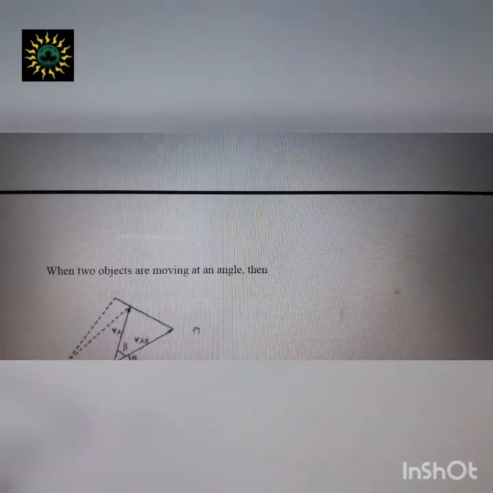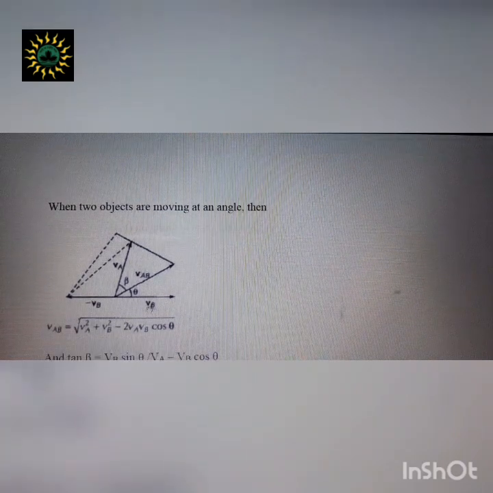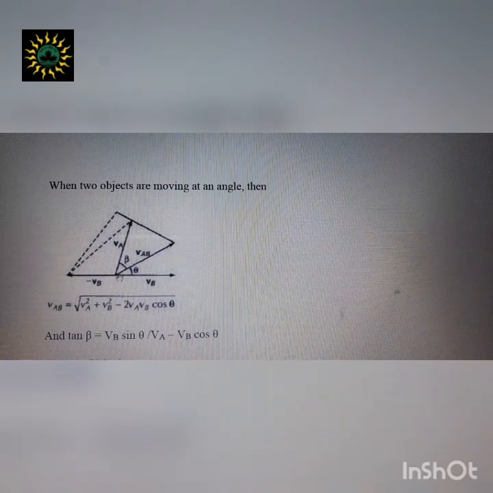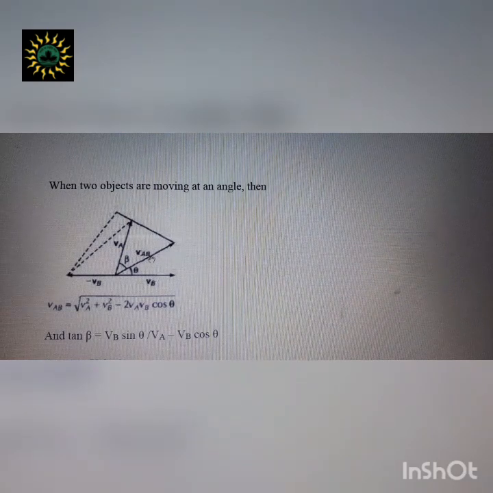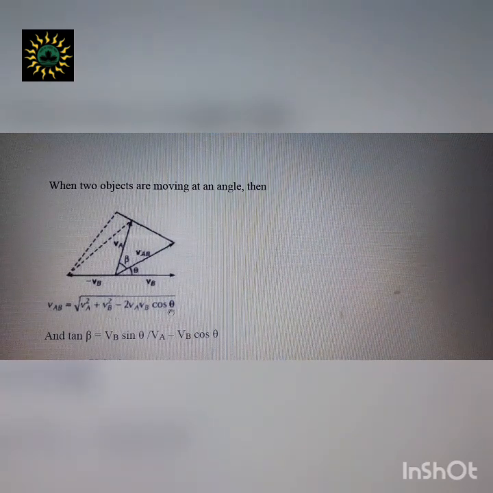Okay, so when two objects are moving at an angle, suppose the velocity of A is in this direction, and the velocity of B is in this direction. The resultant relative velocity will be written as VAB, and suppose it makes an angle theta with the velocity B, then you have to write this expression.